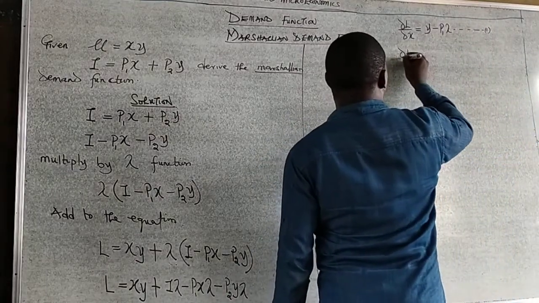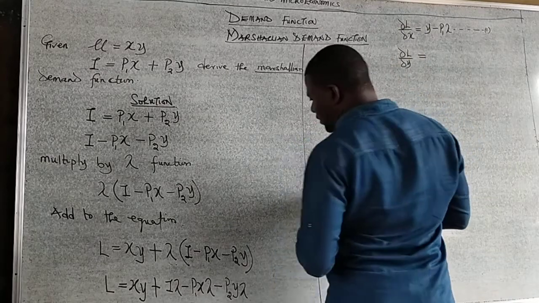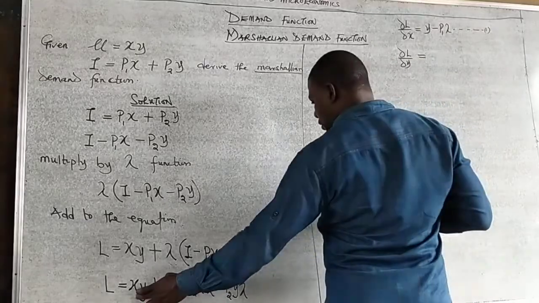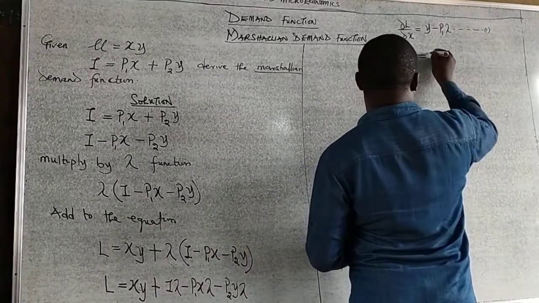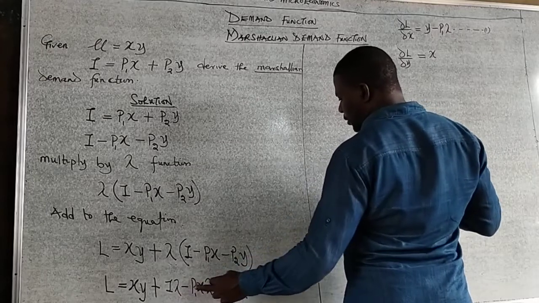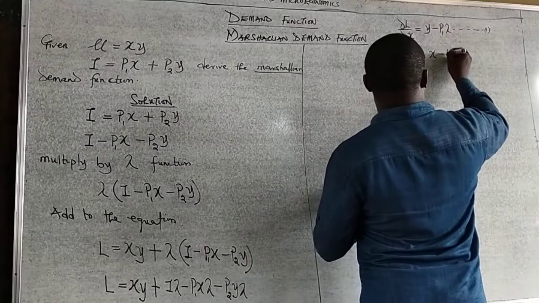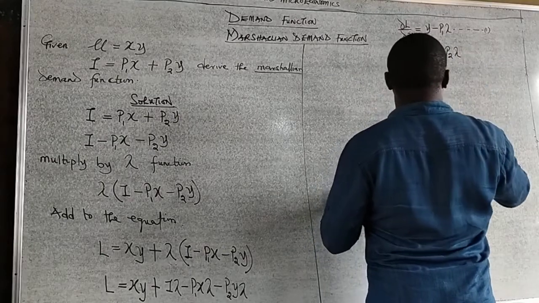Then find dL/dy. So we are differentiating with respect to y now. If you differentiate with respect to y, what would that be? x. This one does not have y. If you differentiate this one, what will it be? P2 lambda.